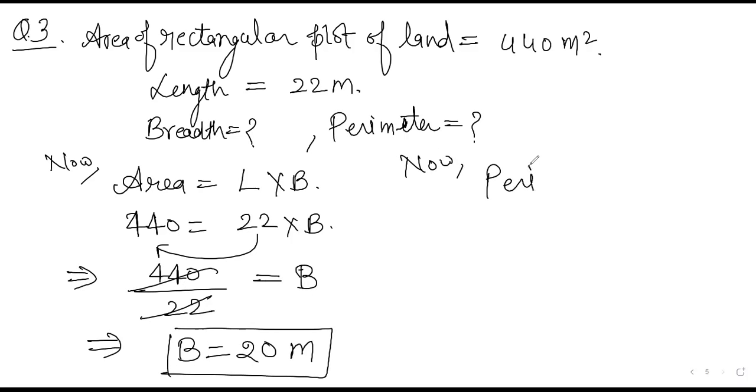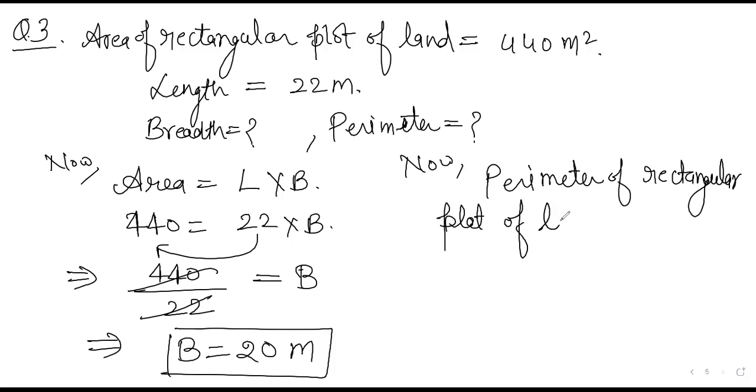So now the perimeter of the rectangle, we know the length and breadth. The perimeter of the rectangular plot of land will be twice of L plus B, means length plus breadth.